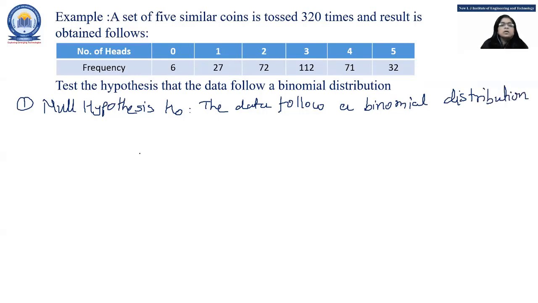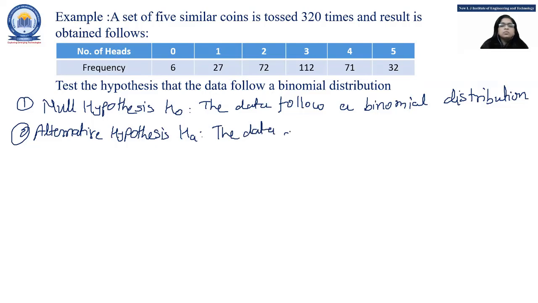And according to the null hypothesis, our alternative hypothesis HA, the data do not follow binomial distribution.